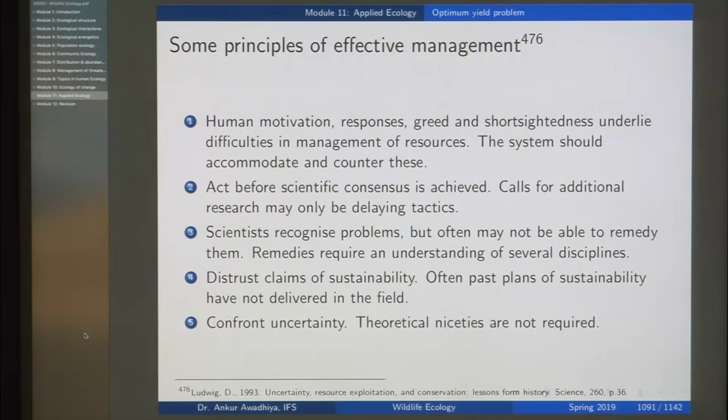You need to know the science, the economics, the behavior of people, the politics of the area, and so on. And if there is any claim of sustainability, that has to be distrusted, because a number of past plans of sustainability have not actually worked, and if there is uncertainty, that will always be a part of the system, and that has to be confronted.